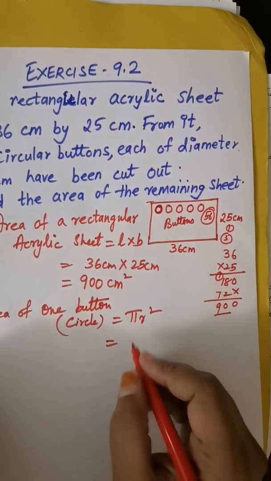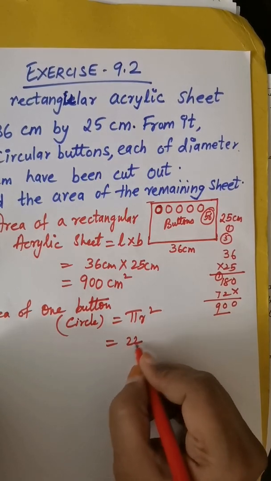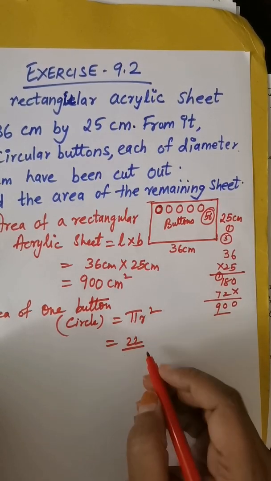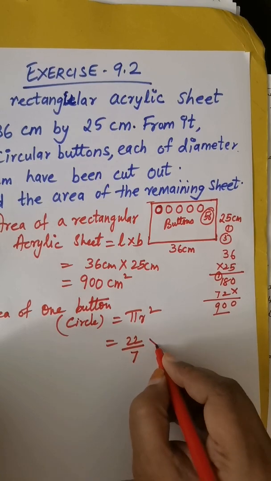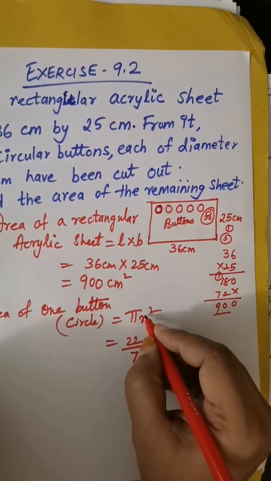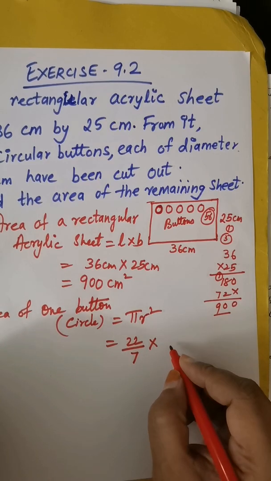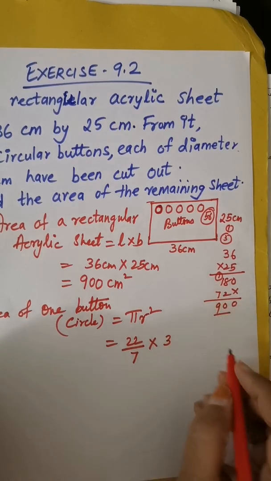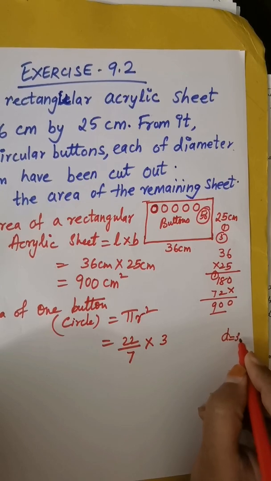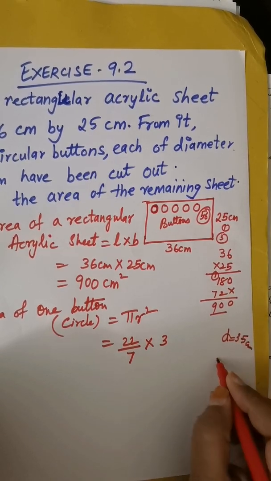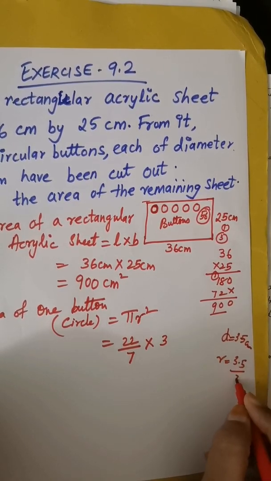Now here diameter is given. Radius will be half of diameter. Value of pi is 22 by 7 into r square, where r means half of the diameter. So here diameter is given, children, d is equal to 3.5 centimeter.